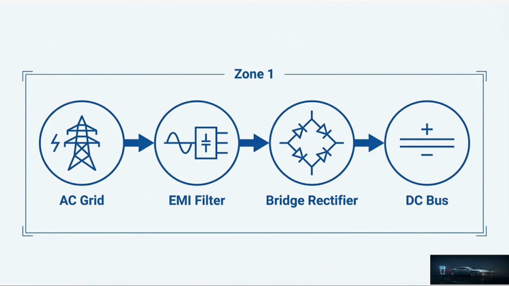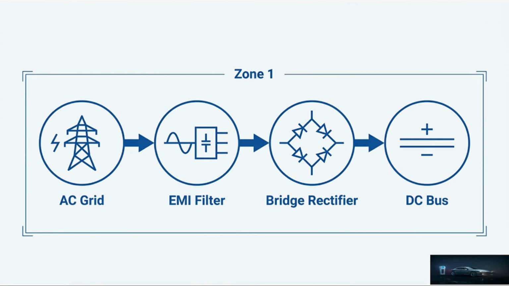We start with the AC first, we control the noise, then we rectify the AC, and finally we smooth the resulting DC. So this is the full journey of zone 1. Let's start talking about them one by one.